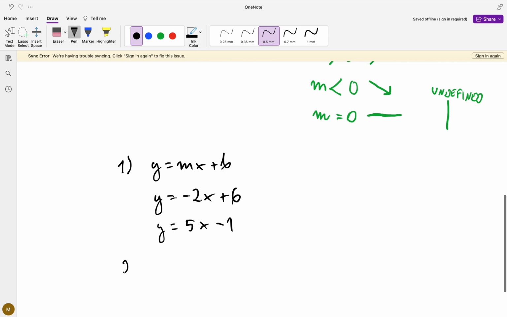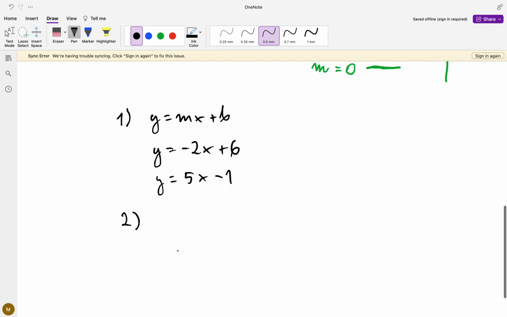Second very common way to describe a line in mathematics is something called the point-slope formula. So the key is in the name. You're going to have a point P with an x value and y value and a slope m equal to some number. And the way you can describe a line using the point-slope formula goes like this.